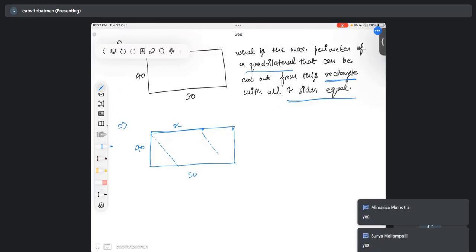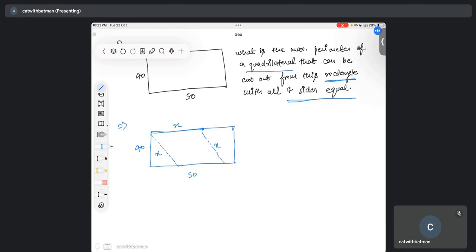Okay, perfect. So let's say this length that we have taken is X, and since all the sides need to be equal, this is also X, this is also X, and this is also X. So this is the figure that we are carving out from this particular rectangle. Now this is obviously 40.